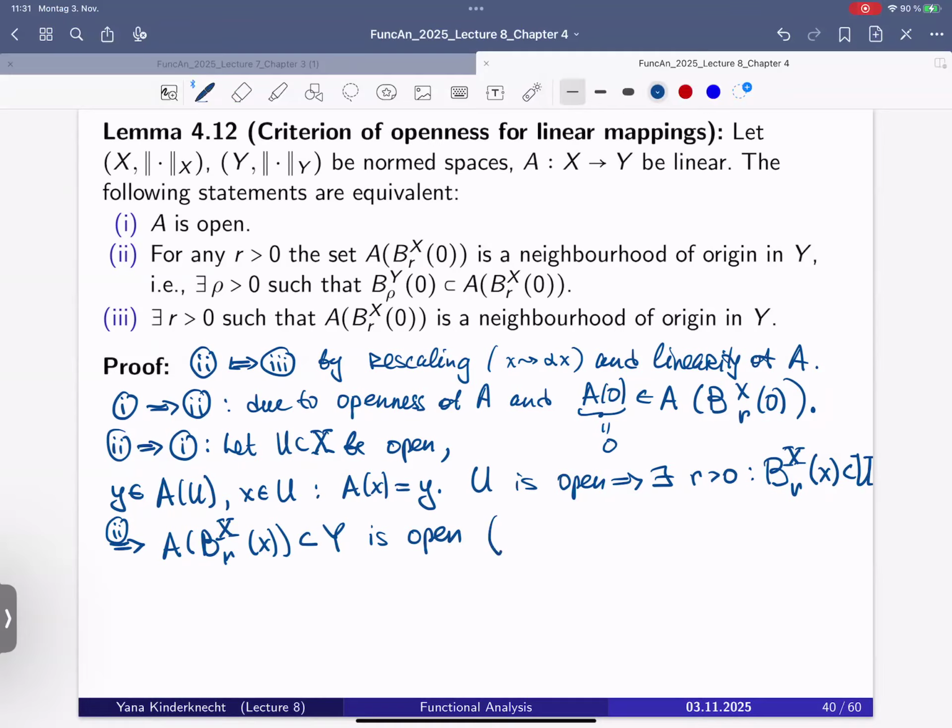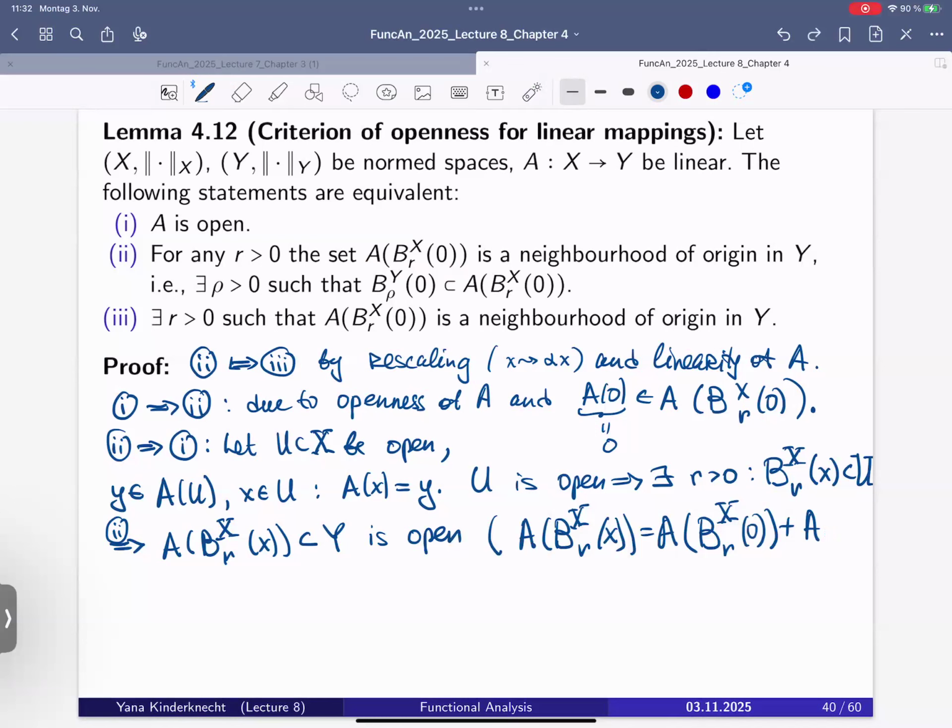So let me specify that A of this open ball, due to linearity of A, is nothing else but A of the open ball with the same radius around 0 plus A of x.